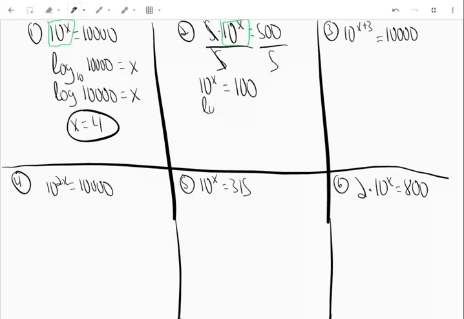So this is going to be log base 10, but because it's base 10, I don't need to write the base. So log base 10 of 100 equals x, the exponent here. And we should be able to do this. 10 to what power is 100? That's going to be 10 squared. So x in this case is going to equal 2.